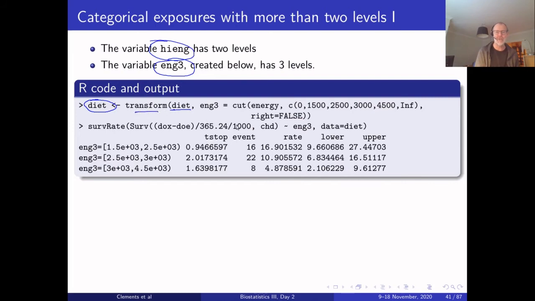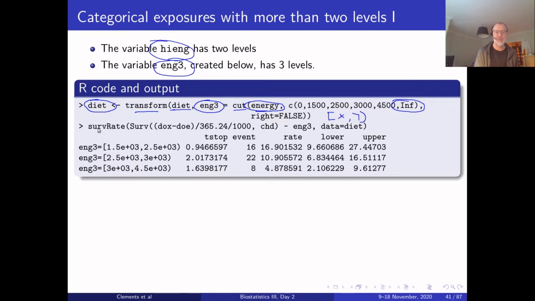We could also have used mutate, and then we create a new variable called eng3, where we cut the continuous energy variable, and we do splits at 0, 1500, 2500, 3000, 4500, and infinity. And then we do right equal to false, which means that the left-hand side is included and the right-hand side is not.